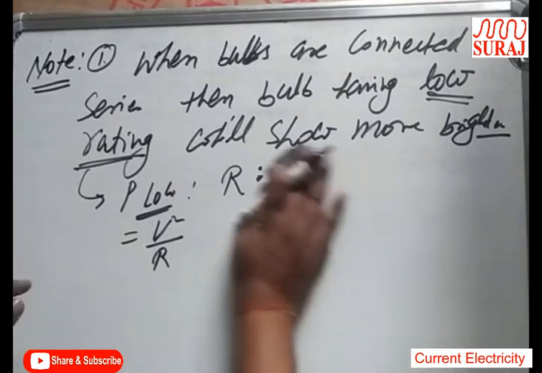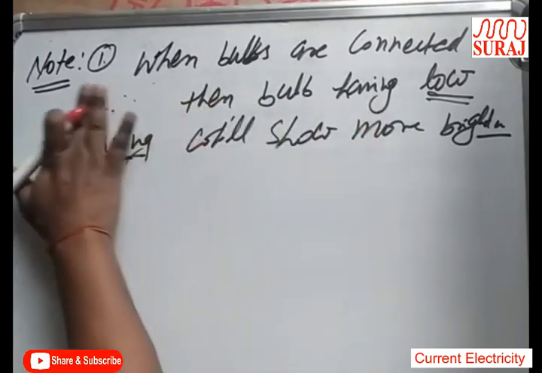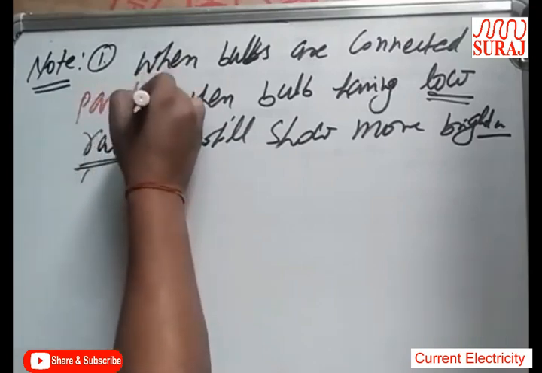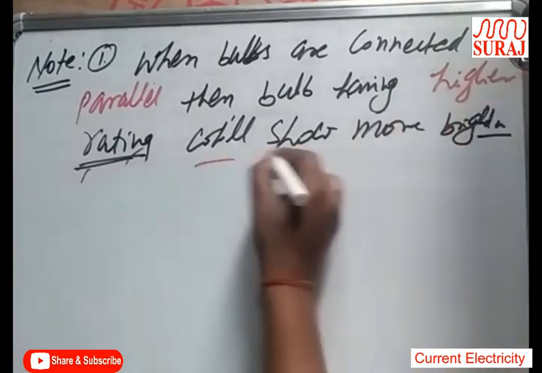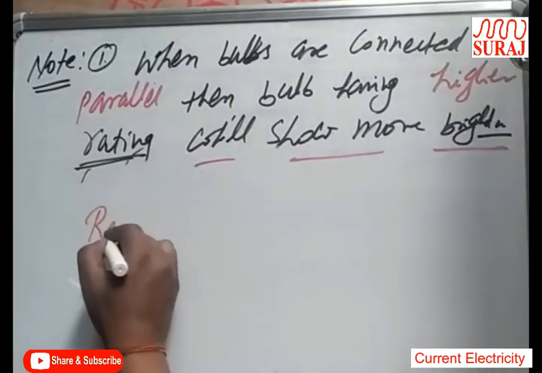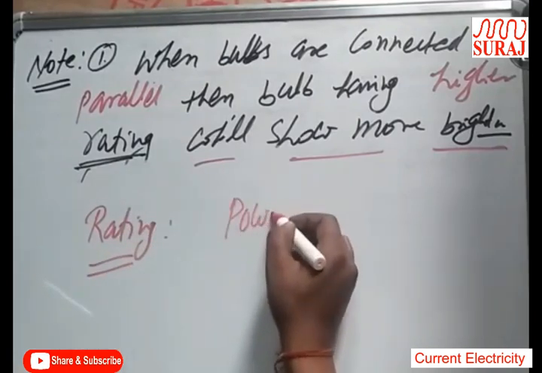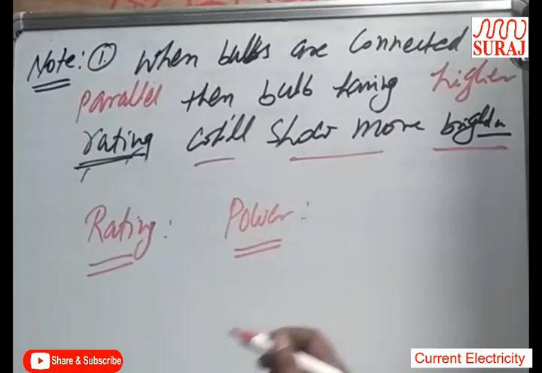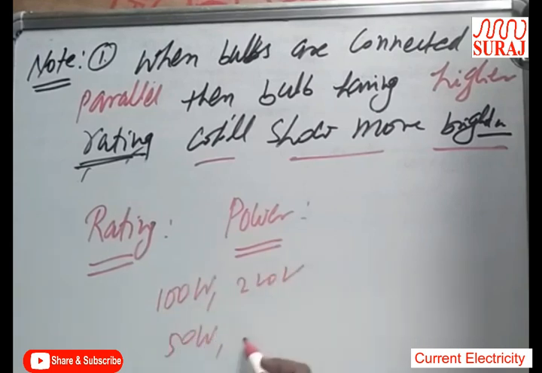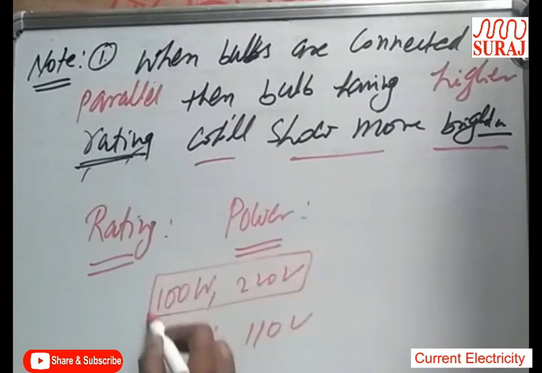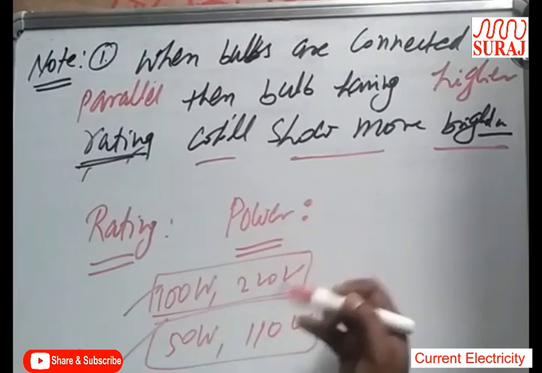Now for the same discussion, when the bulbs are connected in parallel, the bulb having higher rating will show more brightness. Higher and lower rating can be distinguished from the power. Or, if in the rating they have given 100 watt, 220 volt and 50 watt, 110 volt, meaning the power as well as the voltage are both different, then how should we distinguish which one is going to show more brightness?